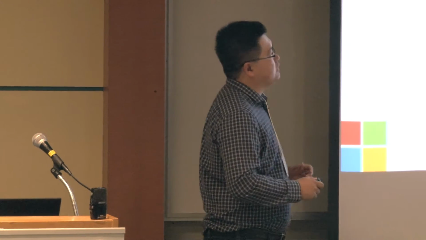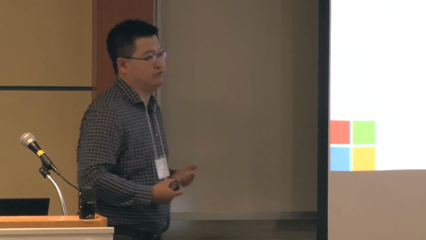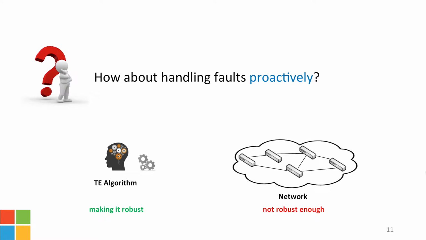And instead, what we want to do is to consider a new angle. How about handling the faults proactively? It means that if we cannot assume the network is 100% robust, can we build some robustness into the TE algorithm, so that when the TE algorithm figures out a network configuration and configures the network, the configuration is not only valid in the current situation of the network, but can also handle the dynamics and uncertainties that can happen in the near future of the network?